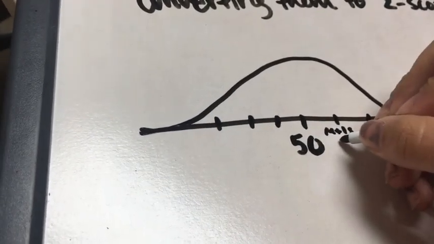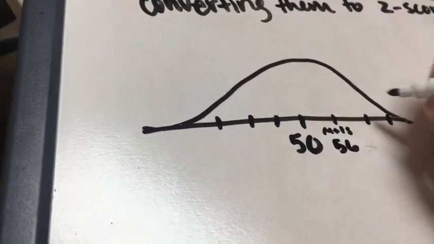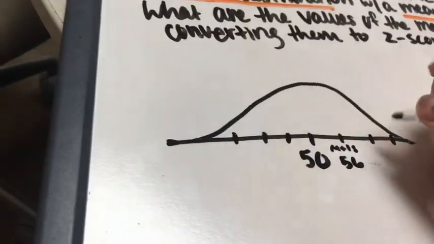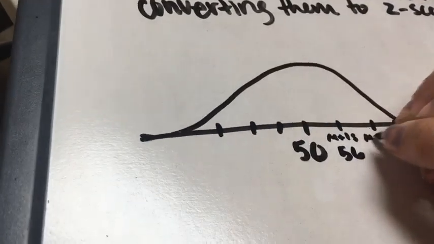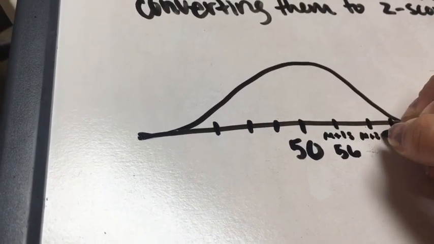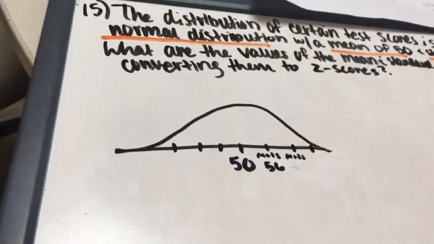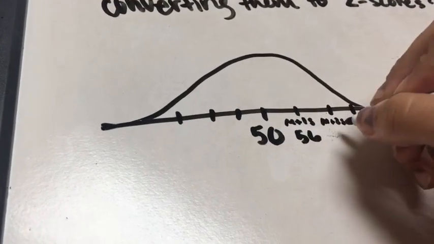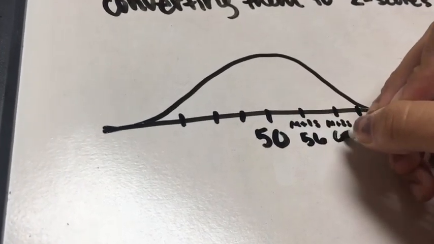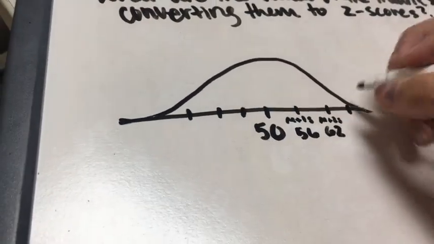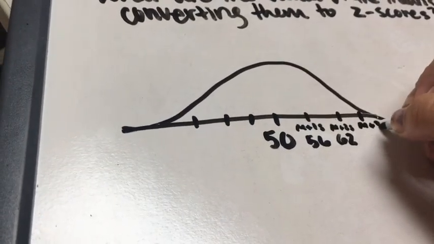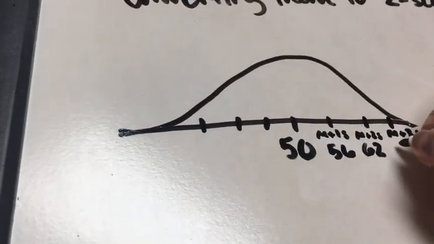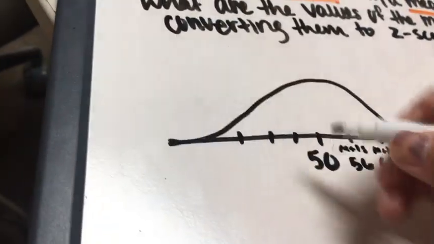So 50 plus 6 is 56. And in order to find what's 2 standard deviations to the right, you add 2 standard deviations to your mean. So 2 times 6 is 12, and 50 plus 12 is 62. And then your mean plus 3 standard deviations, 50 plus 18 is going to be 68.